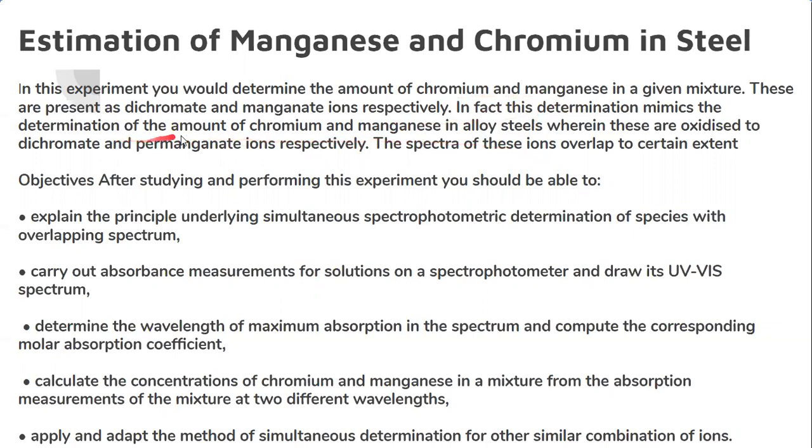So that means in steel we may find a trace amount of manganese as well as chromium in the steel alloy. So how do we estimate the amount of manganese and chromium in steel?